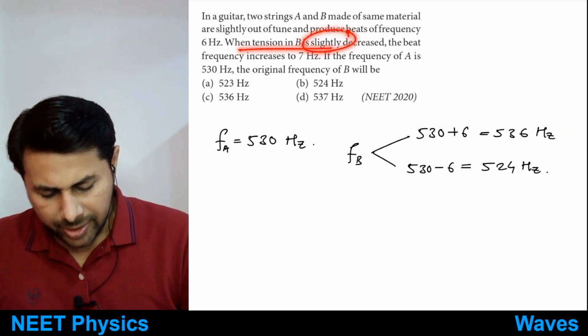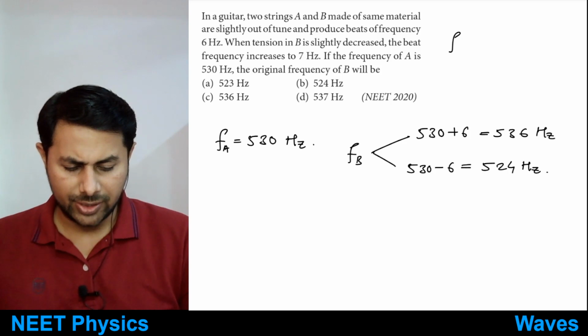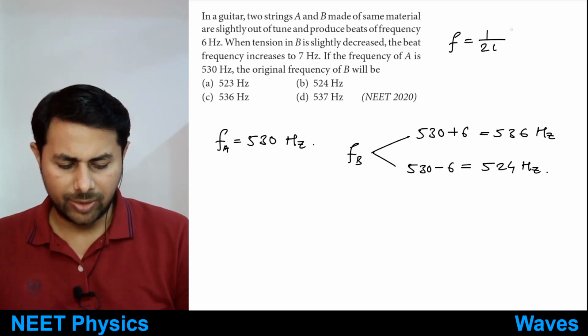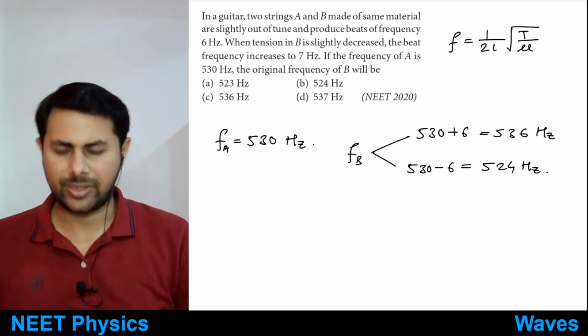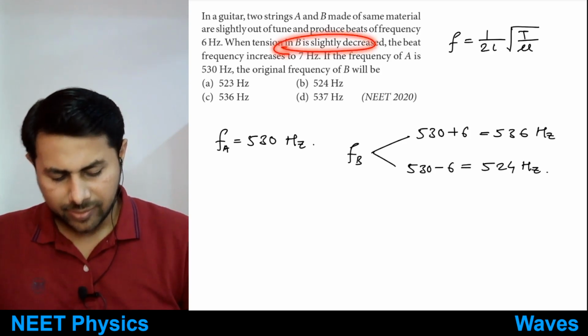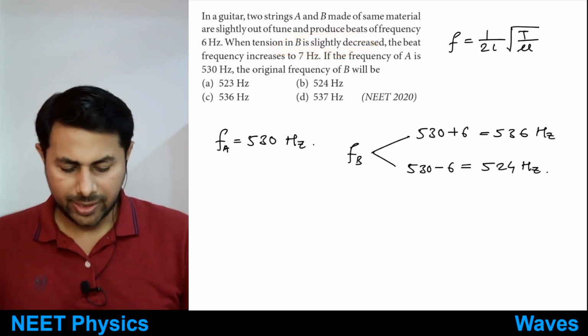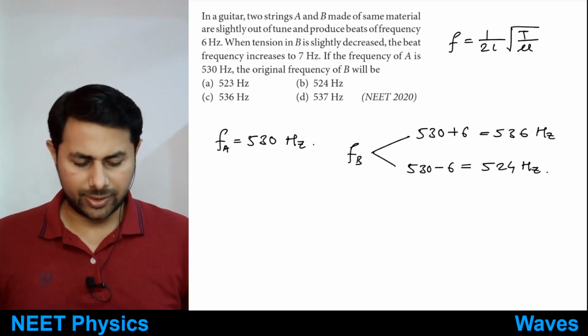But then when tension in B is slightly decreased, what will happen to the frequency? Tension is decreased, so we know frequency is 1 upon 2L square root of T by mu. If tension is decreased, frequency is decreased. So tension in B is decreased, means frequency of B will decrease. But then what happens? The beat frequency increases to 7 hertz.